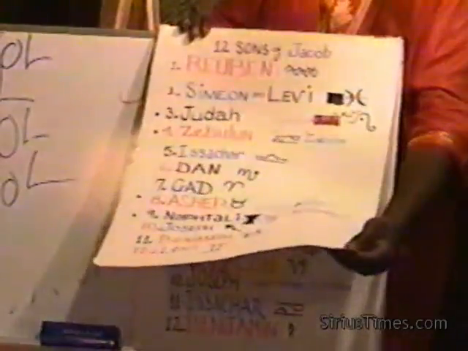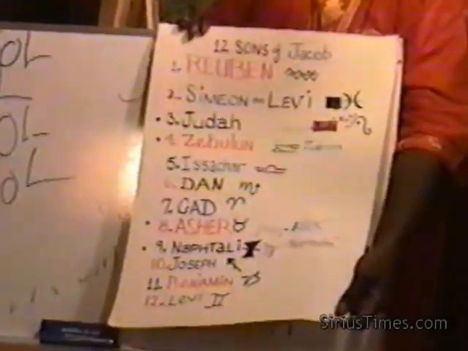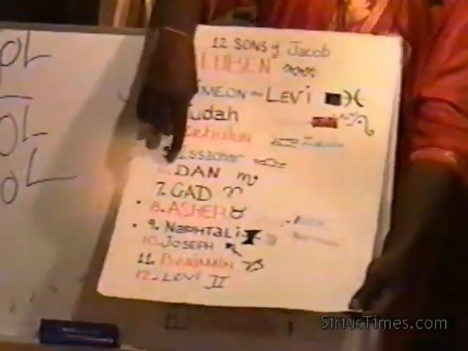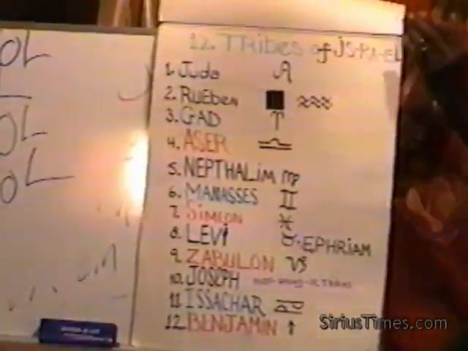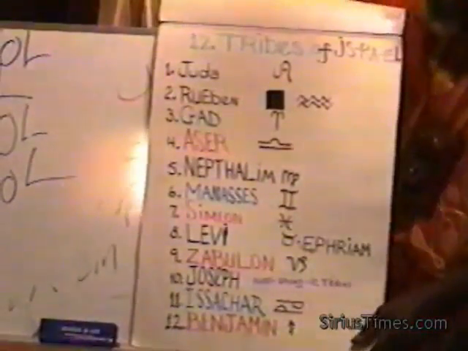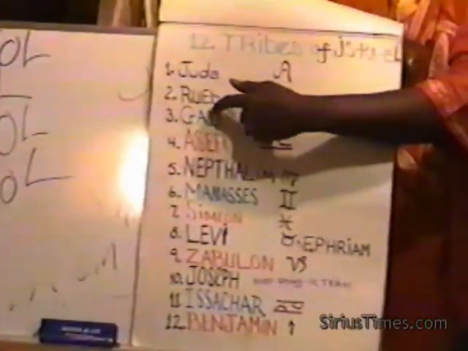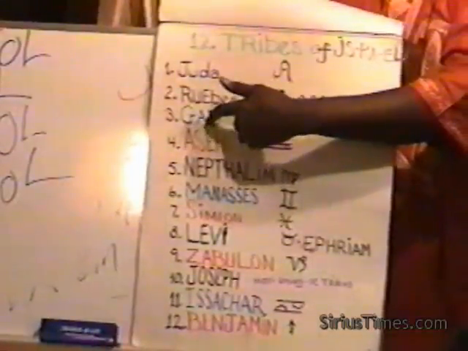Look at Asher, number 8. See Asher there? It's just a squint there. It's Asher. See it? That's the way it's spelled in Revelation chapter 7.